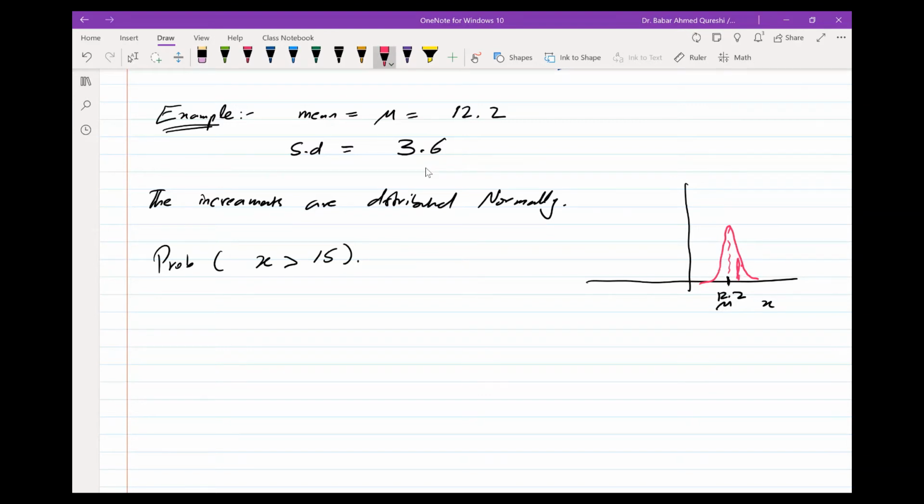Somewhere here is 15, and you want to know the probability that if you pick a person, the increment will be more than 15%. So that means you want to count all this area beyond 15.